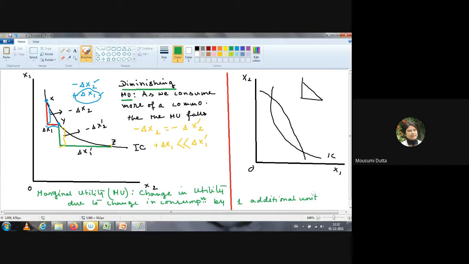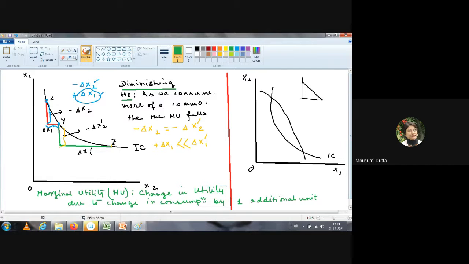Next, again, if I have to sacrifice an amount delta X2 prime, equal to delta X2, in that case I need more units of X1, because X2 is becoming very valuable to me. Okay, so this is the idea.